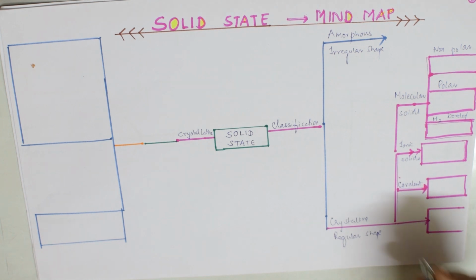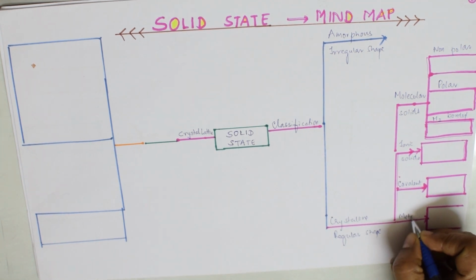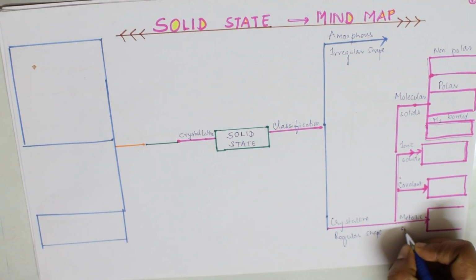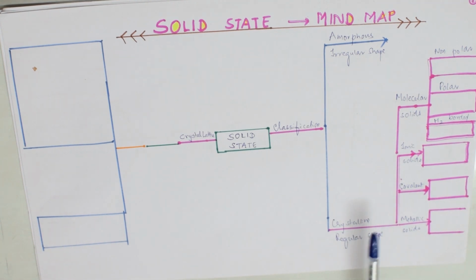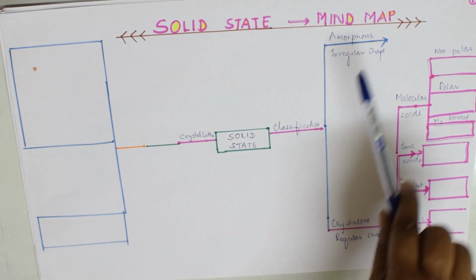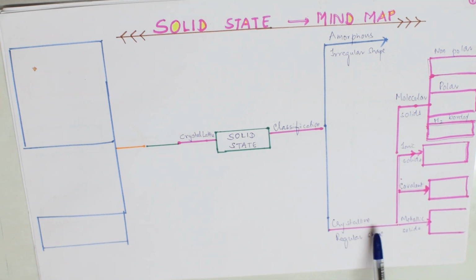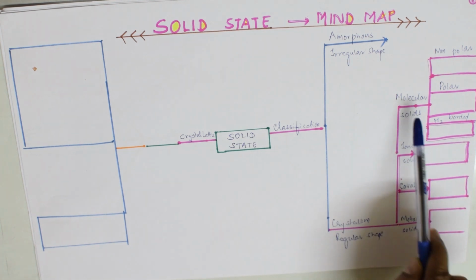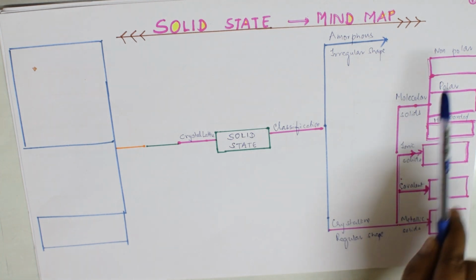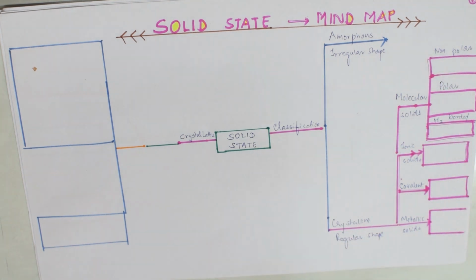After covalent solids, there is one more category of crystalline solids, that is metallic solids. Easy, students? So classification is divided into amorphous solids which have irregular shape, crystalline solids which have regular shape, and it is further divided into molecular, ionic, covalent and metallic. Further, molecular solids are divided into non-polar, polar and hydrogen bonded.